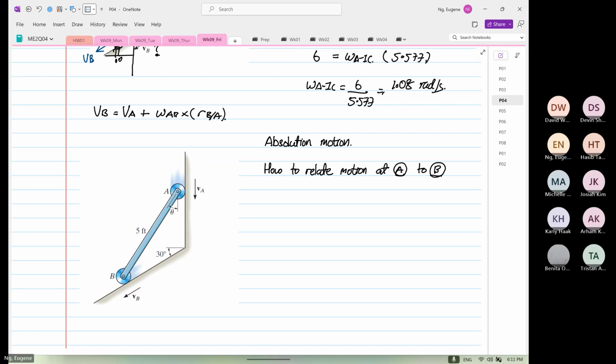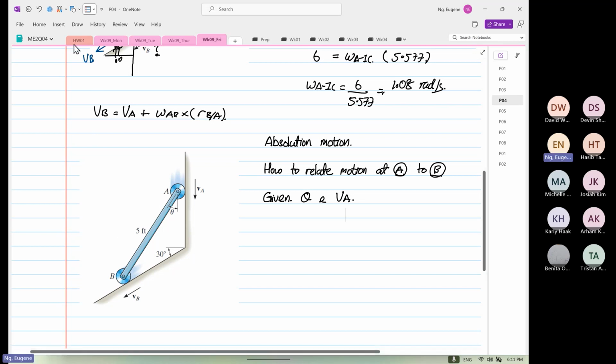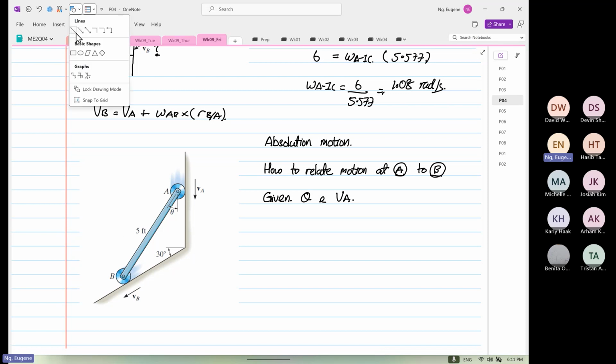The only thing that we are given is theta and VA. So now I'll start constructing lines.